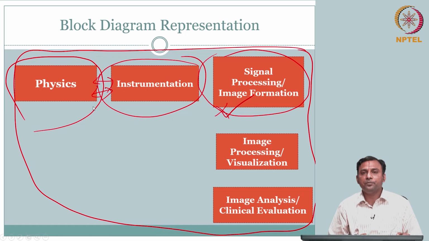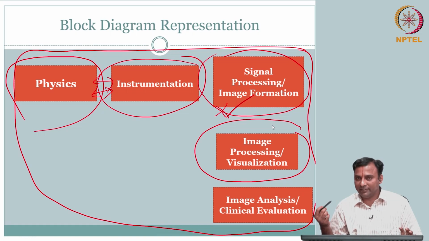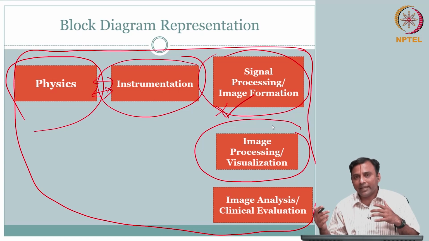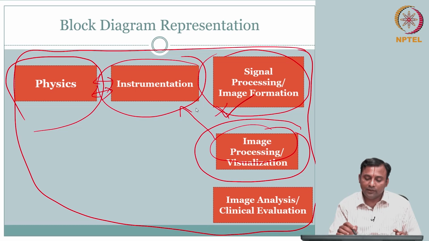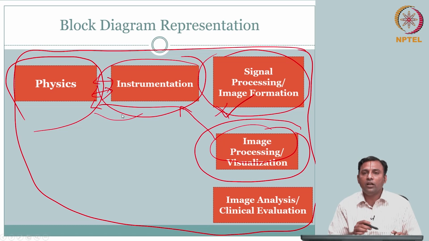Likewise, the most common job people get is image processing, but image processing of a photographic scene and image processing of a medical image, you can use the same mathematics, the same filtering. It is important that you understand basic image processing, but in order to effectively apply it to medical images, you need to understand the instrumentation and physics, because this gives rise to your raw data.